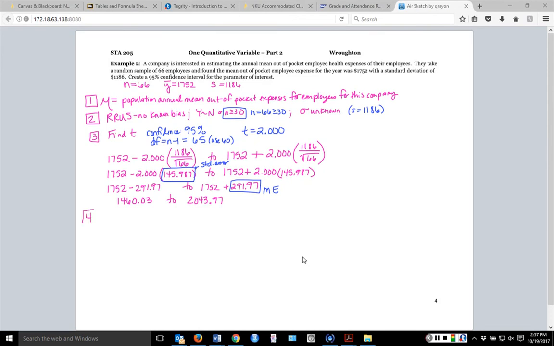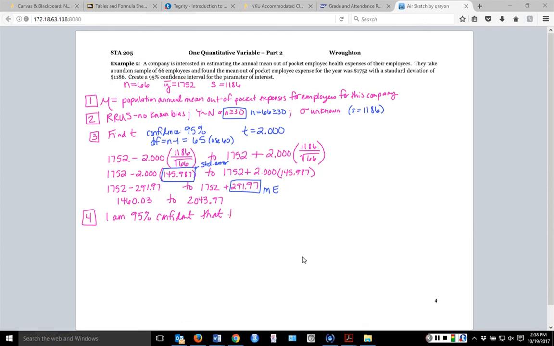And our last step, of course, when we've done pretty much everything we've been doing, is to interpret it. And our interpretation here is going to look a lot like what we did before. So I'm always going to start with how confident I am. And then here we're actually going to kind of go back to step 1.